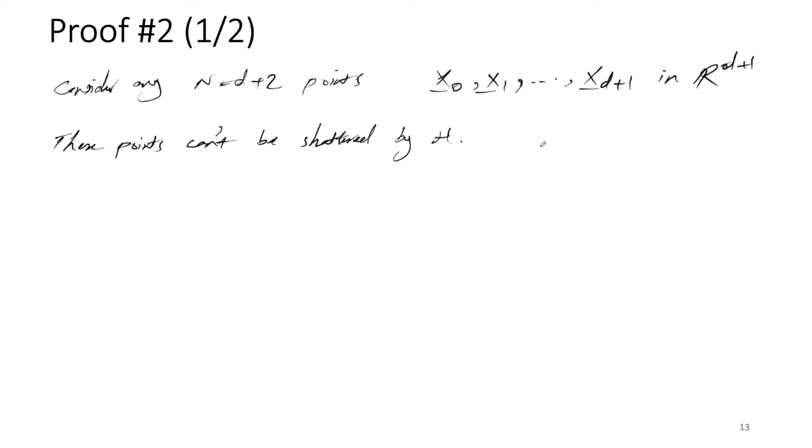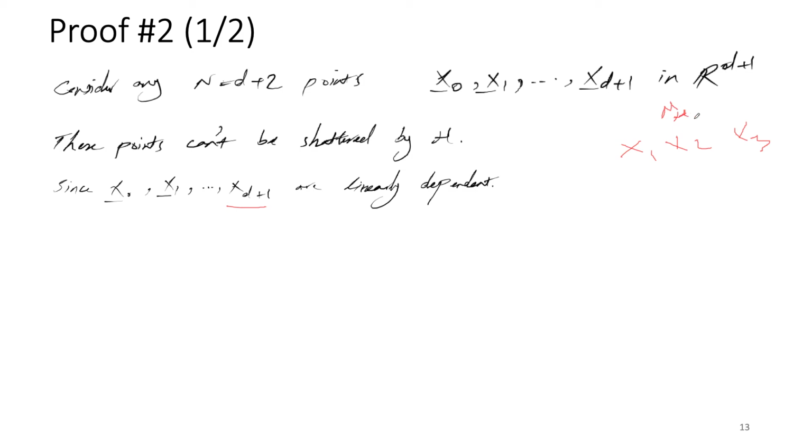And we see that these points can't be shattered by H for d plus 2 because these values, x0, x1 up to xd, are linearly dependent. So there's no way, just like the example that I provided in the first part of the lecture when we had 3 x's and we had a restriction of m of h equal to 3.